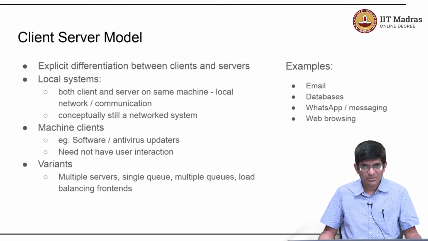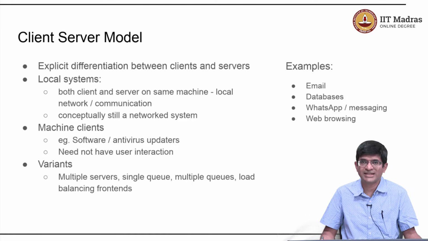Now for examples of the client server model, email is probably the easiest to think of. You definitely need a server that stores your email, and you have the clients which are used to display, read, delete and so on. Databases are very often implemented as client server applications.